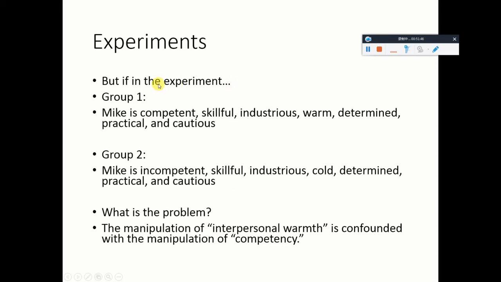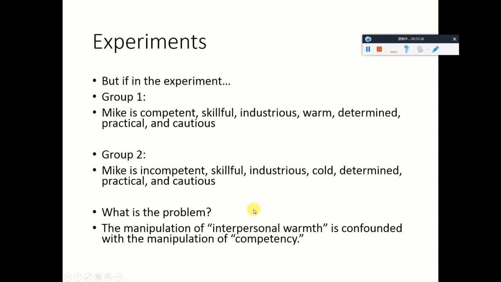Because with one manipulation, right, there's only two conditions here that suggest there must be only one change, right? We change from this condition to this condition, therefore only one manipulation here. And with this one procedure, we changed two aspects: warm versus cold, competent versus incompetent.